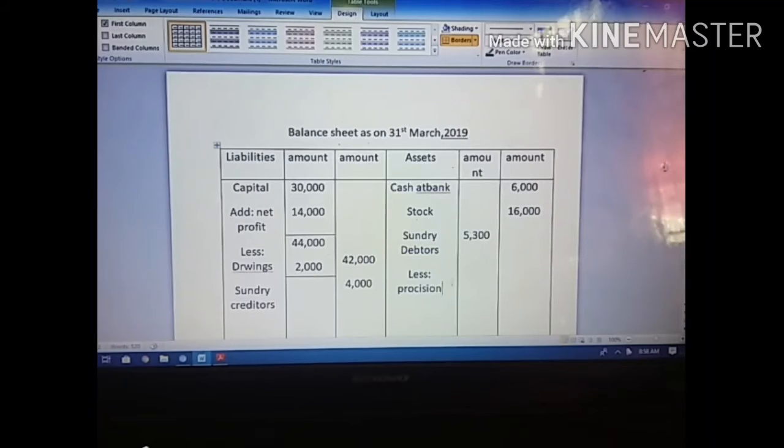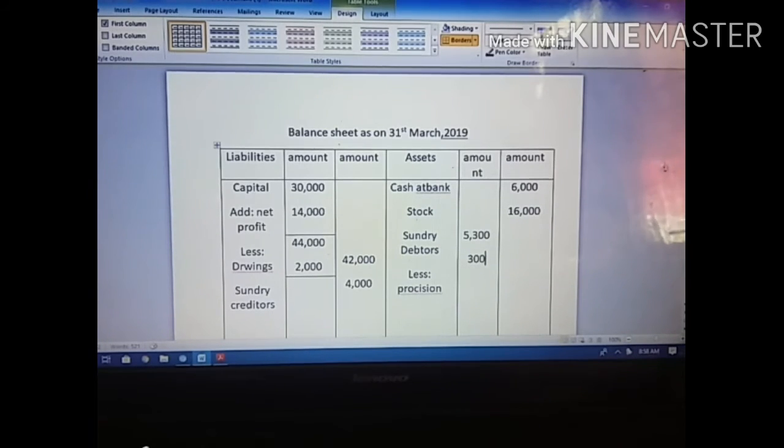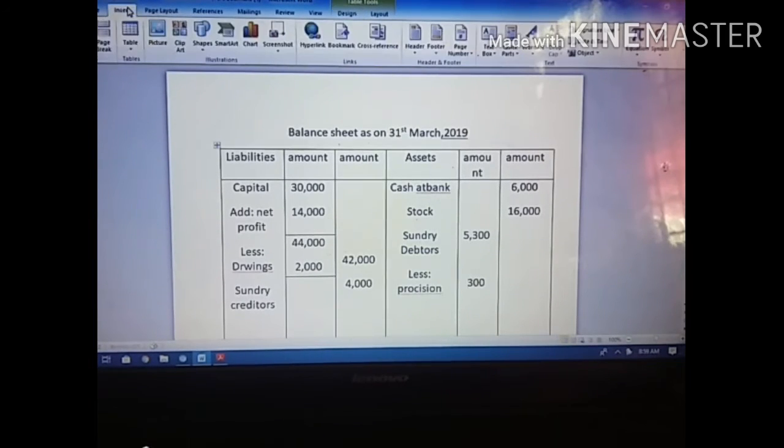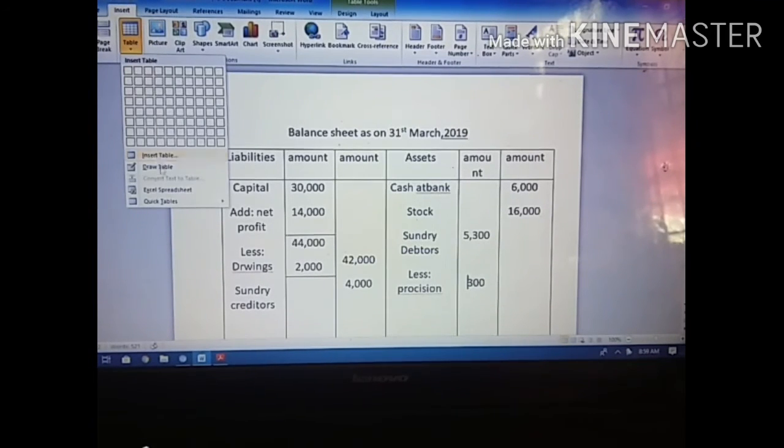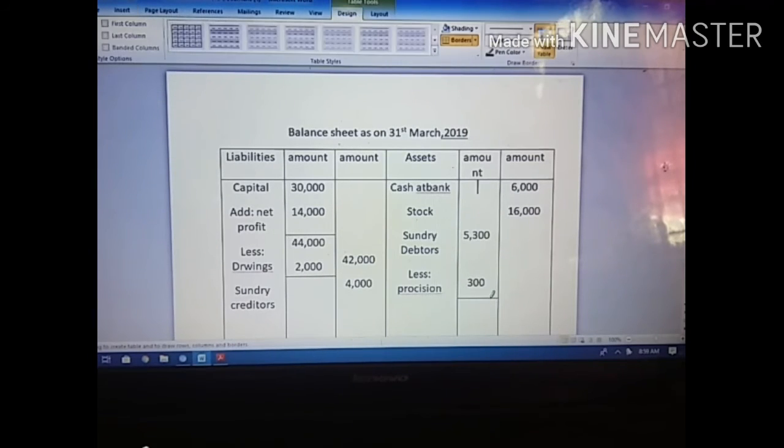So less provision 300. After adjusting these things, you have to post the amount in an outer column.